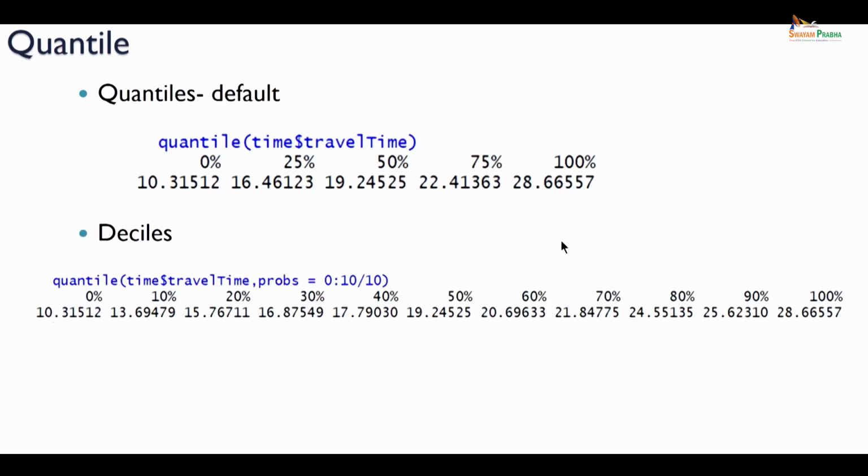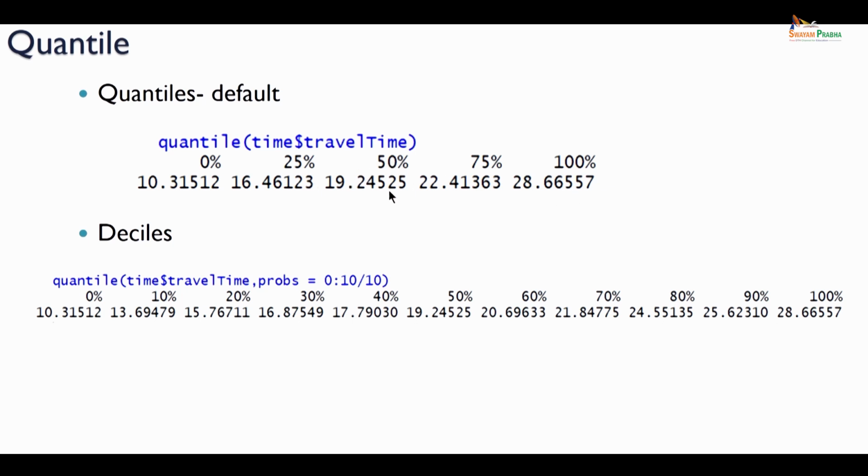So, let us see how to get the quantiles for a numerical variable. Quantile is the function and inside the bracket I give the numerical variable name. In our case travel time is the numerical variable for which I want to get the quantiles. By default it gives you values in steps of 25. You can see it is 0%, 25%, 50%, 75% and 100%.